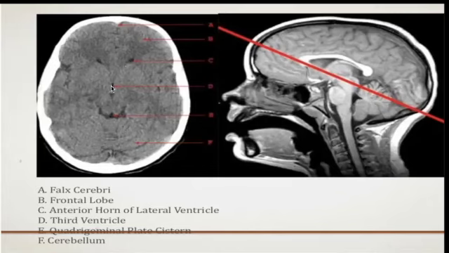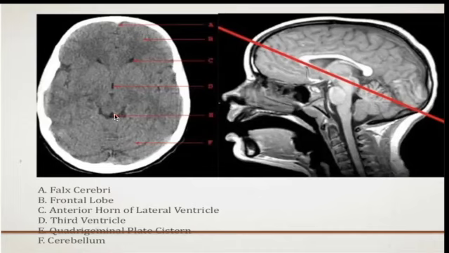Now, if you go down to D, you should be seeing the third ventricle, and a little bit lower at E, this is what we term the quadrigeminal cistern. The quadrigeminal cistern is just a dilatation of the subarachnoid space. If I'm not mistaken, someone should Google this up, but it extends between the layers of the tela choroidea and the third ventricle, and it contains some of the great cerebral vein and the pineal gland.